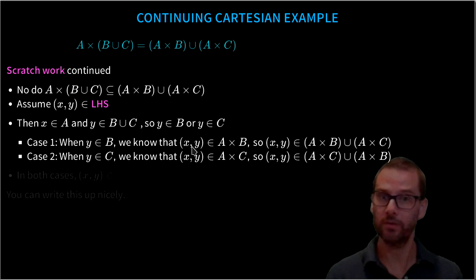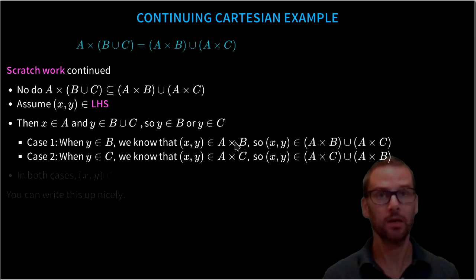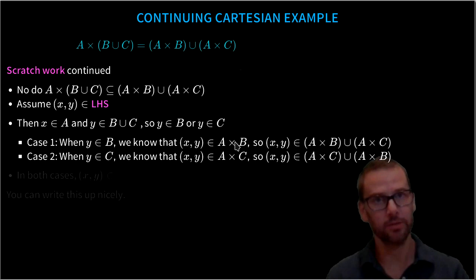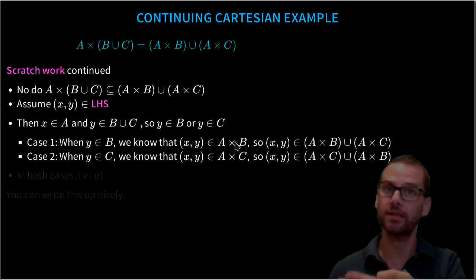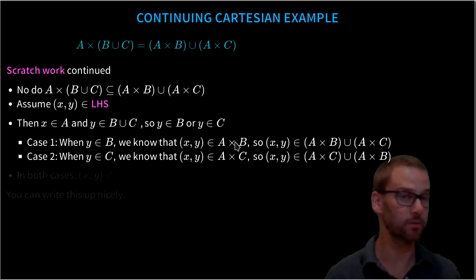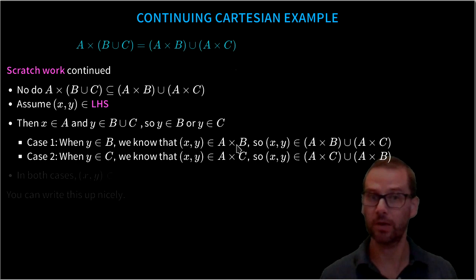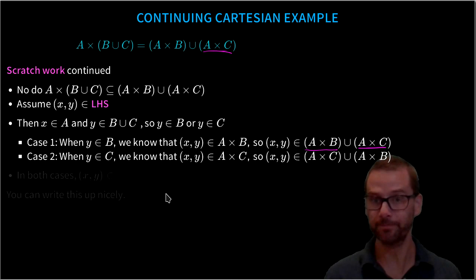When y is in B, we know that x, y is in A times B. And again, we can use that logic we just used previously, that if something is in a set, then it's in that set union whatever other sets we want. So if x, y is in A times B, then it's in A times B union whatever else we want. And in this case, it makes sense to union that set there.